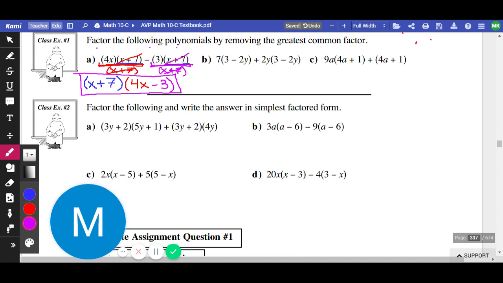If you look at B, I like to break it into sides. This is my red side, and this is my purple side. I ask myself, is there something they both have in common? They both have a 3 minus 2y in common.